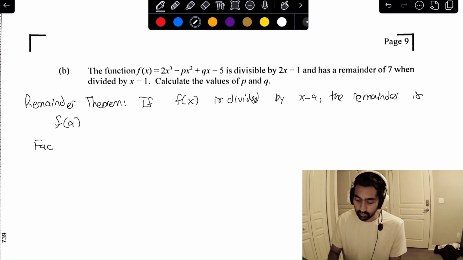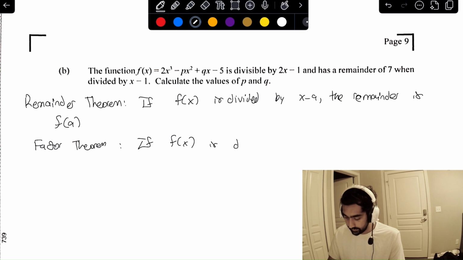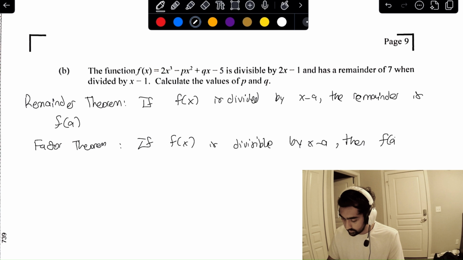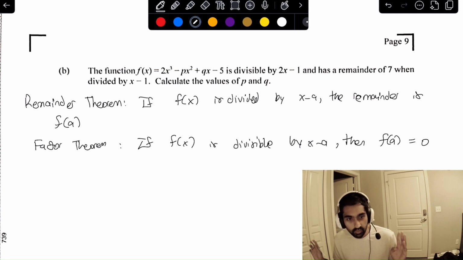And factor theorem says if f of x is divisible by x minus a, then f of a equals 0. So we have to use these two. Because there are two unknowns, p and q, we have to get simultaneous equations, and then we have to solve them simultaneously, right? So let's go.